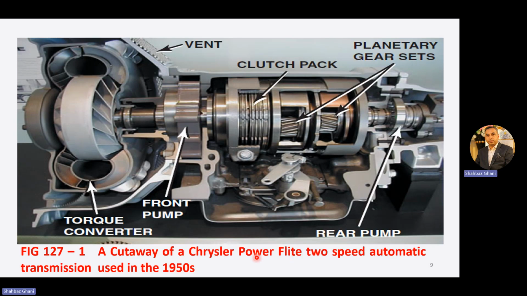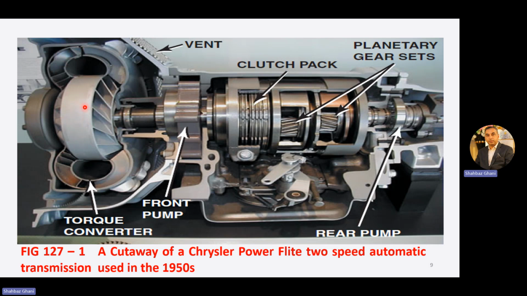Now, again, a cutaway model of a Chrysler PowerFlite two-speed automatic transmission used in the 1950s. We have an engine on this side, then this torque converter. This is your impeller, this center portion is your stator, and this is your turbine.